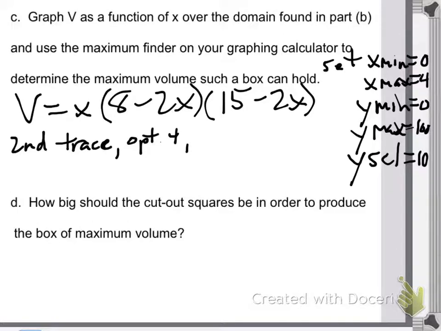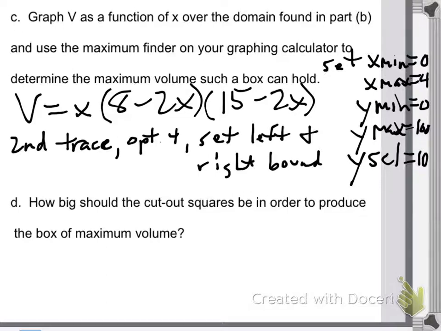Okay. Set the left bound. Set the left and right bounds. So let's do that. So I'm doing that. You can't see me do it, but I'm doing it.